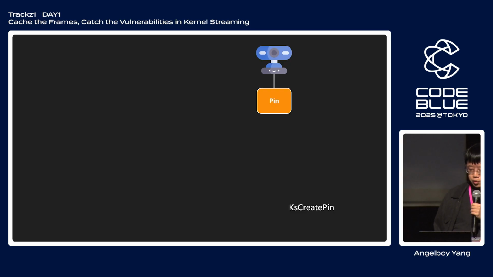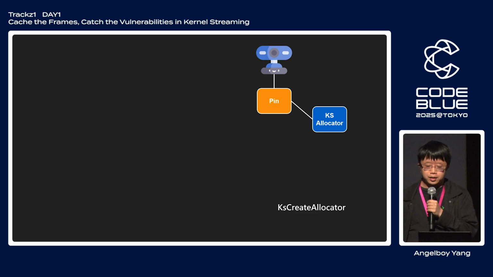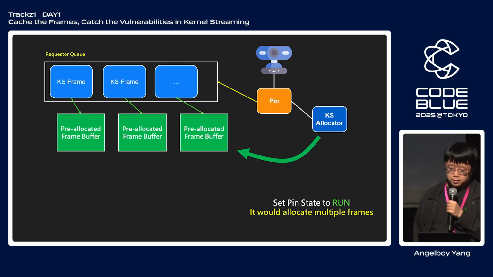For example, when a pin is opened, the kernel will create a pin object. Then we can create an allocator and attach it to the pin. Before reading data from the pin, we need to set its state to run. At this moment, the allocator will pre-allocate the number of frame buffers we have set up.